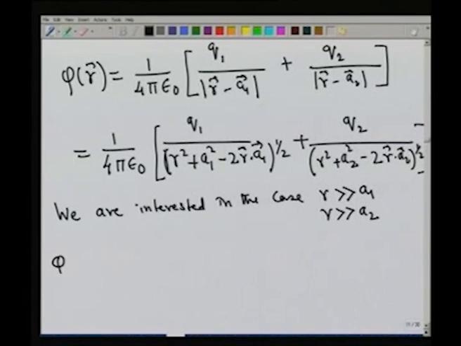So what does the binomial expansion give me? My binomial expansion gives me phi of r is nothing but 1 over 4 pi epsilon naught. So the first, let me write it in 2 steps, there is no harm in that.